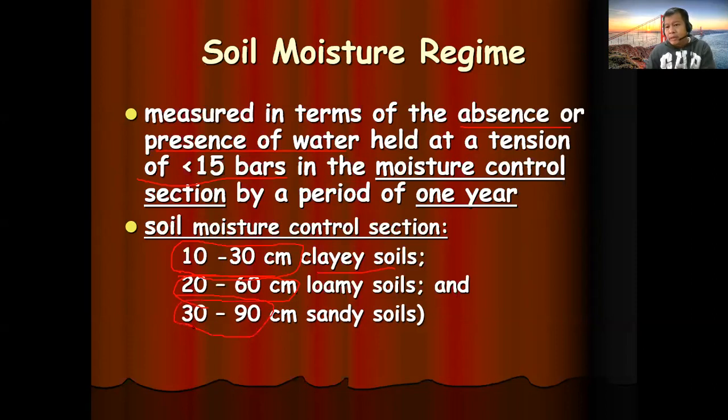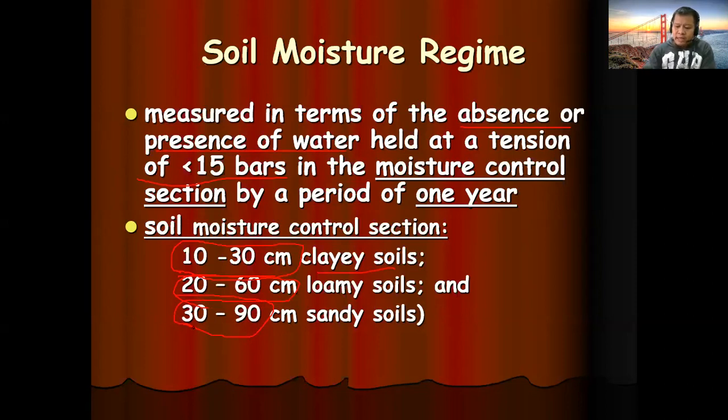Why is this so? Because water in sandy soils would easily drain and percolate downwards. That's why nahulog na siya sa lawom, no, parang ganon.